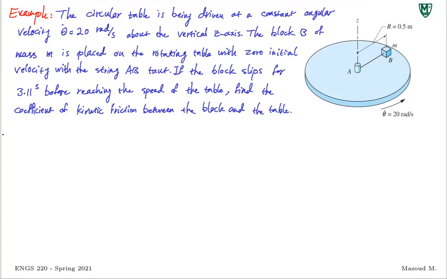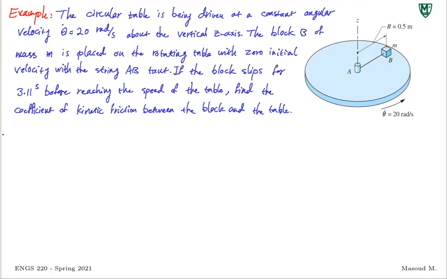This table is rotating with 20 radian per second, so it's going fast. So at the beginning, the block is sliding, and it takes about 3.11 seconds before the friction between this rotating table and the block can actually hold the block on the table and stop any slipping, and at that point the block is rotating with the same velocity as this table.